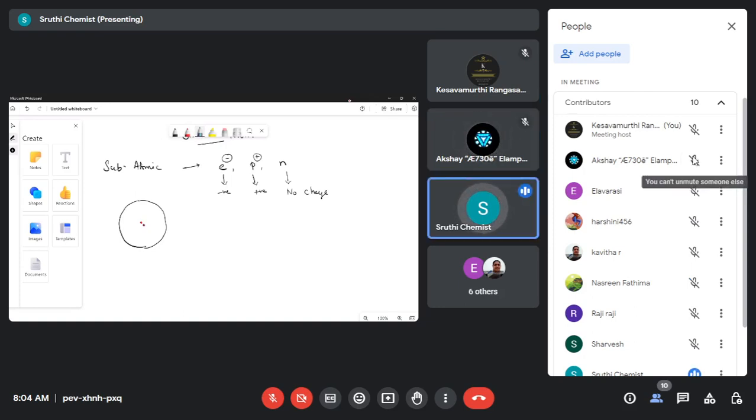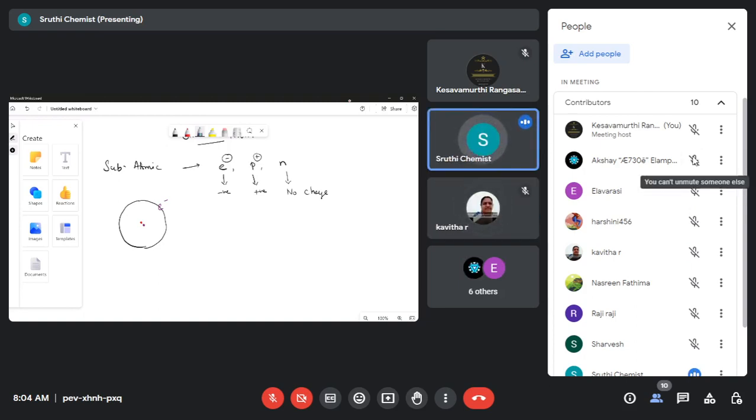So electrons are present in the orbit, and protons and neutrons are in the center of the atom. What is the center of the atom called? The nucleus, ma'am. Very good. So the nucleus is where the protons and neutrons are present.